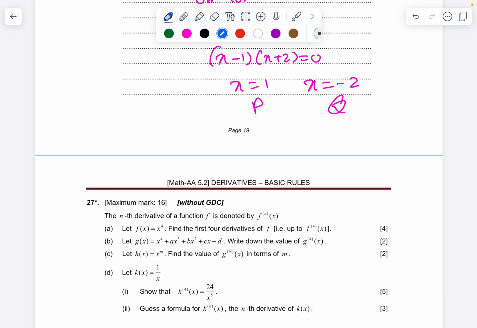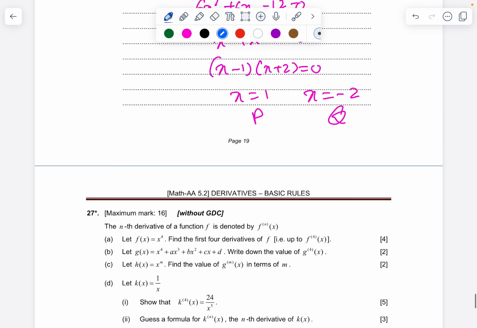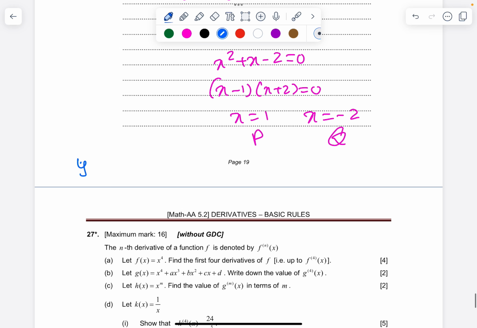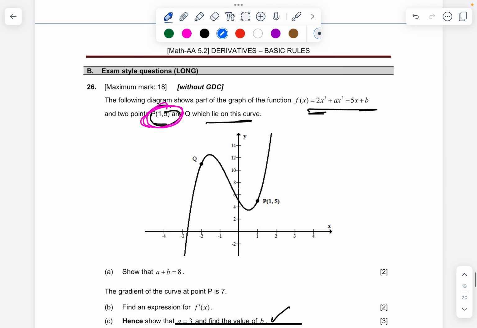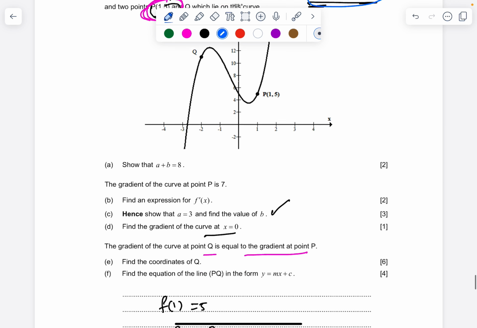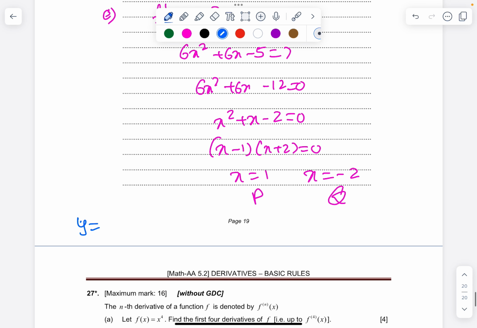Now we need to get the value of y also. So y will be equal to, plug into the main equation, 2x cube plus ax squared minus 5x plus b.